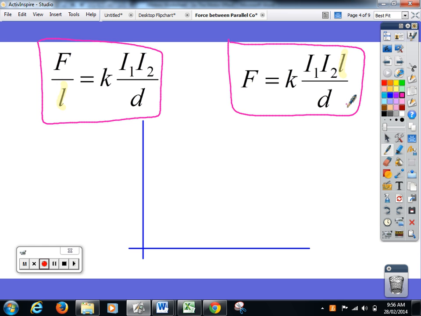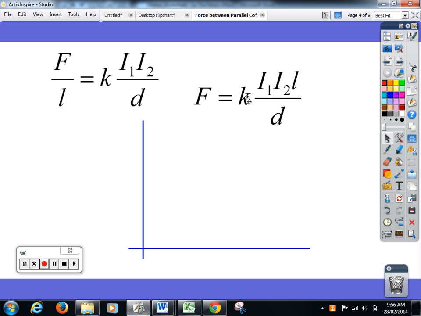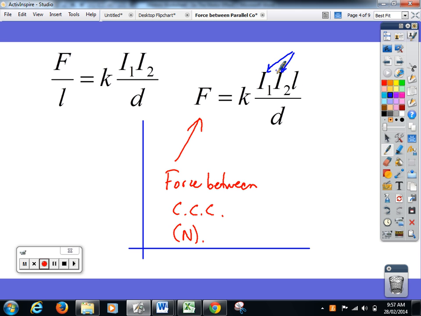So I'm going to use this one over here. I'm just going to give the annotations. We know that this is the force between the two wires. And remember, they've got to be current carrying conductors, and it will be measured in newtons, obviously. And I say that because of the other equation. I1 and I2, as we know, are the currents in both wires.